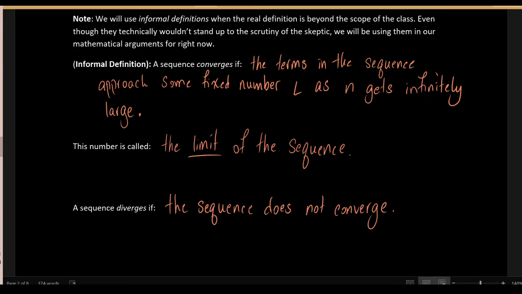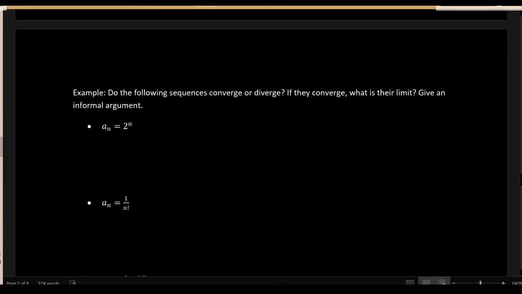A function approached the limit L if its graph got closer and closer to L as you went out to the far right of the graph, and x went to infinity. Here we have a limit of L if the terms in the sequence approach some number as n goes to infinity.